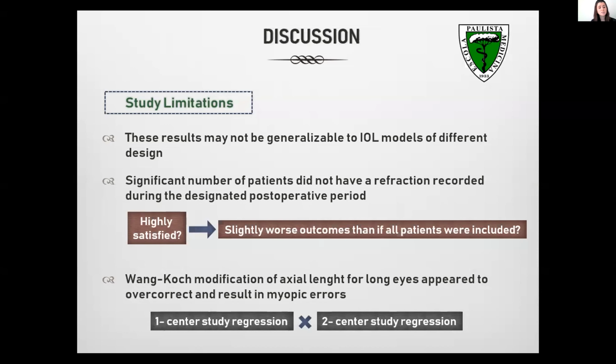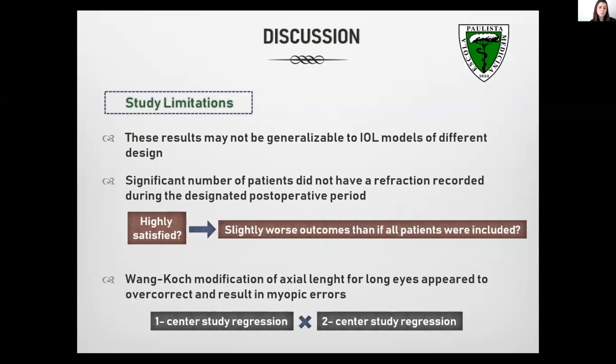If that supposition is true, they suggested that the study may be biased in terms of slightly worse outcomes for the various formulas than if all patients were included, but this would not change the relations between the formulas.